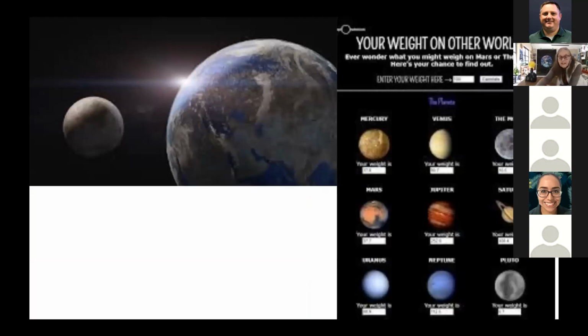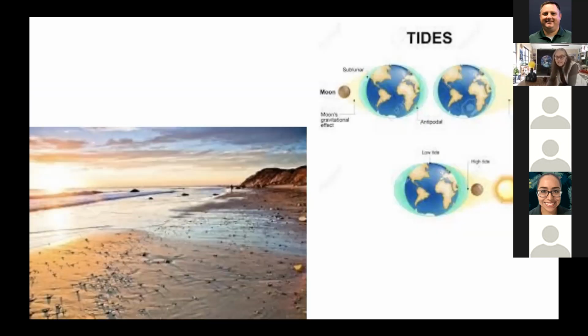On other planets, they're also, let me go back to tides. Tides, something I learned, occur even if you don't have water. On some other planets, we have what we call tidal heating.